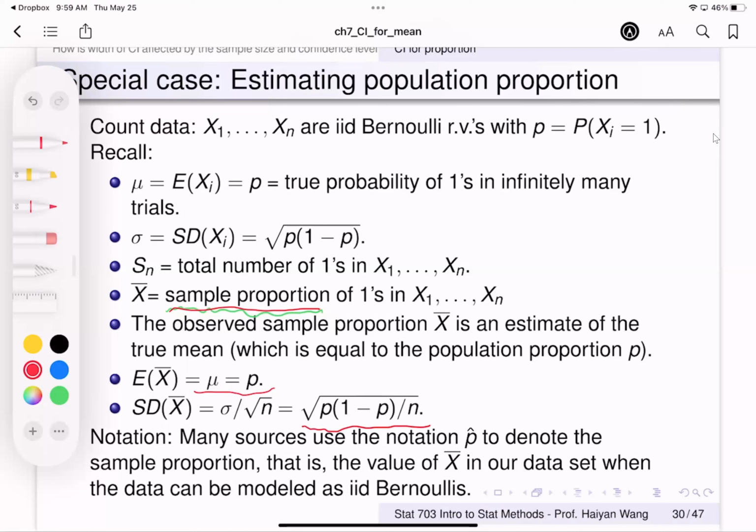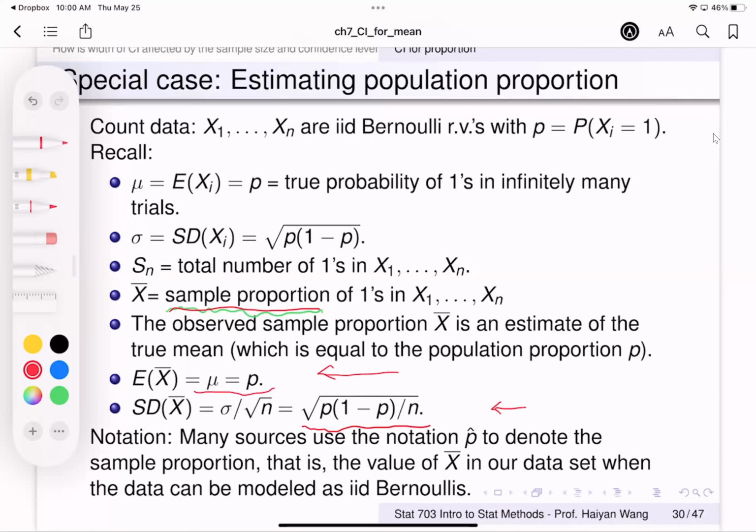The n is inside of the square root. These two things you will need to remember because we will use them frequently, in the lecture or in the homework assignment. So both of these, the mean and the standard deviation, need to be memorized.